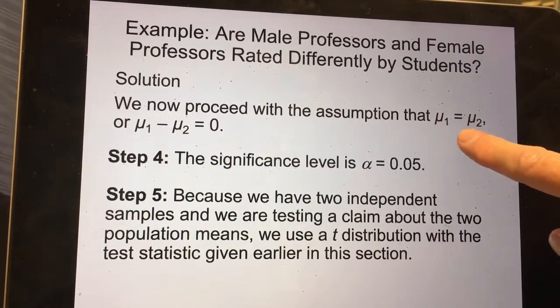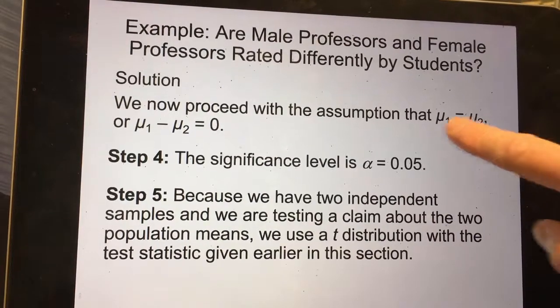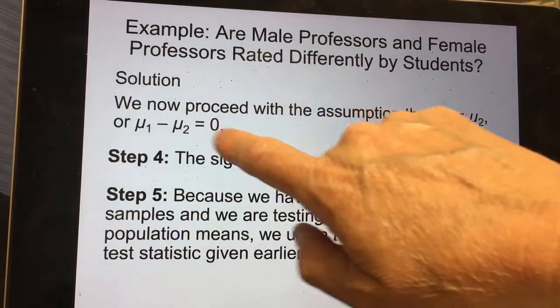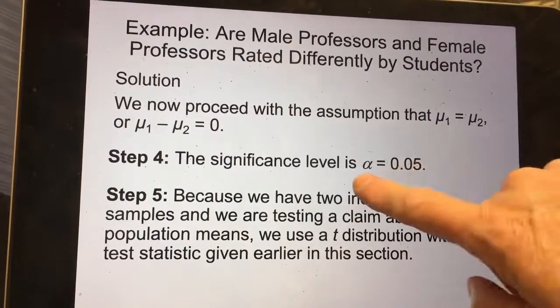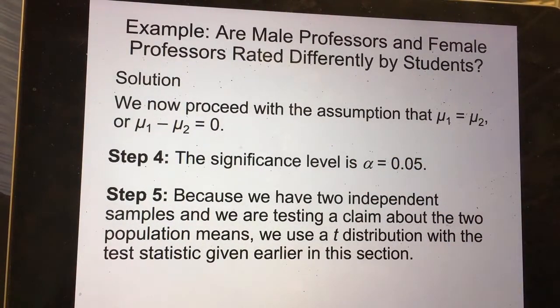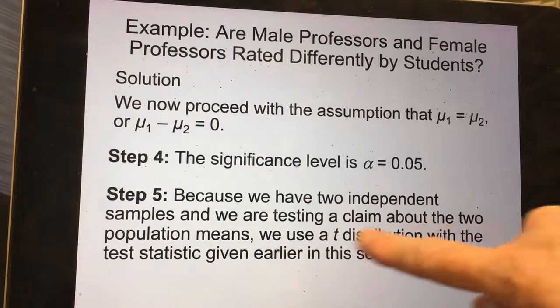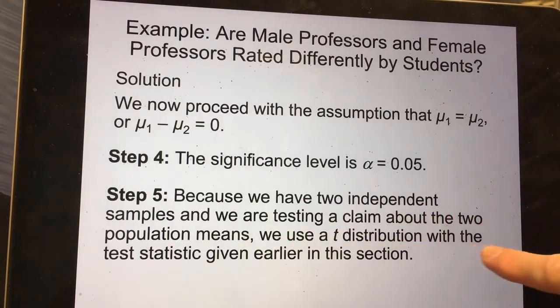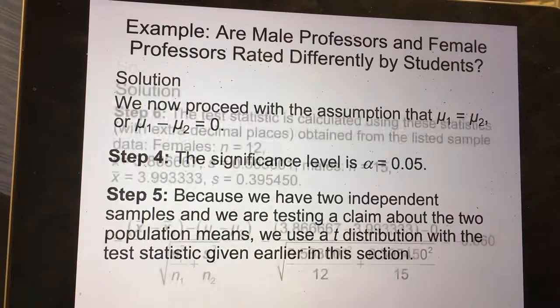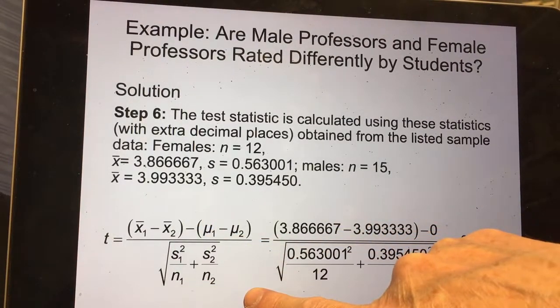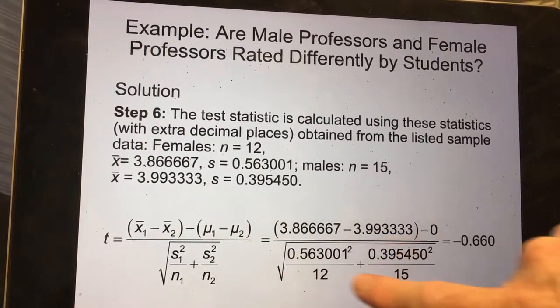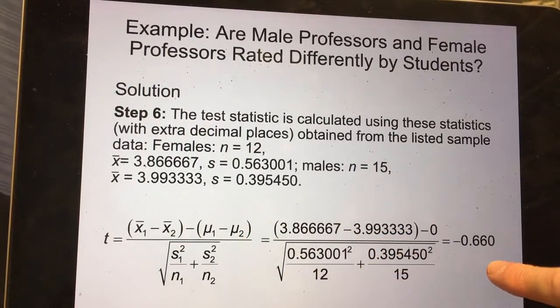Now, if mu1 minus mu2 is equal to 0, then the 0.05 is our significance level. And then we're testing a claim about two population means. We use the t-distribution. And there's our by hand t-statistic. But we're going to do this on the calculator.